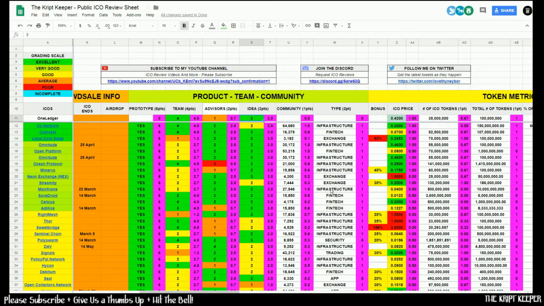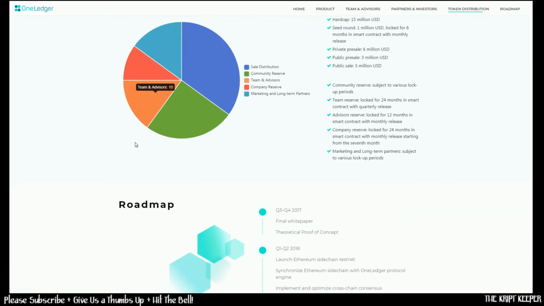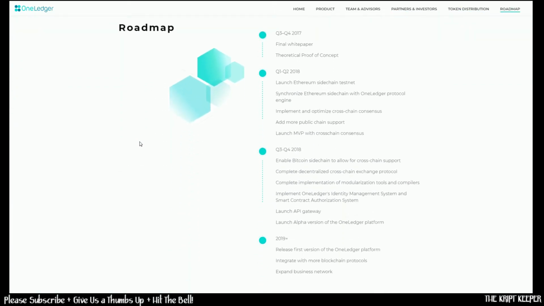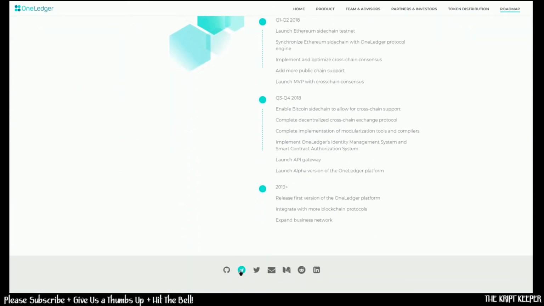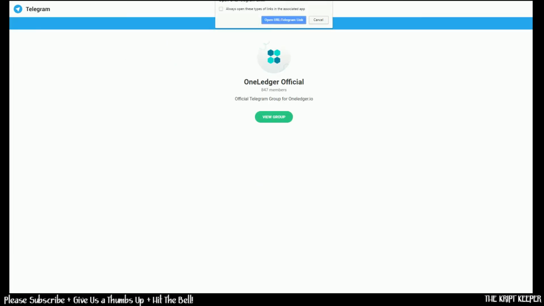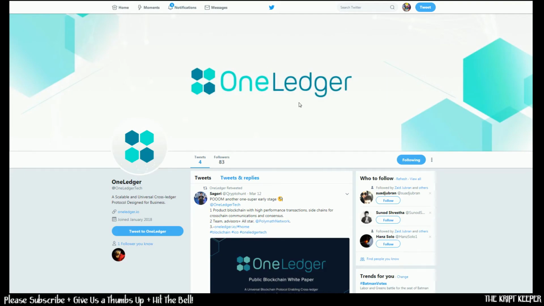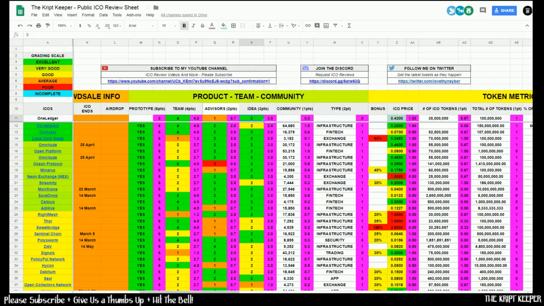Now let's just go ahead and check out their community, and let's have a look and see how strong that is. Now, the community for me is a combination of their Telegram page, which is sitting at 847, plus their Twitter page, which has only 83 followers. So guys, this project is very, very early in the making.